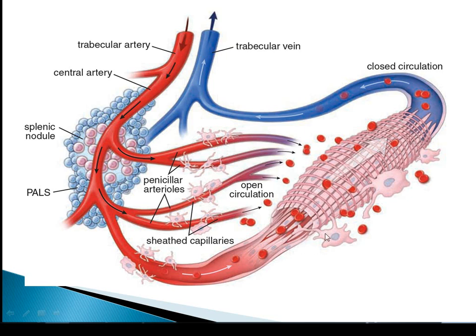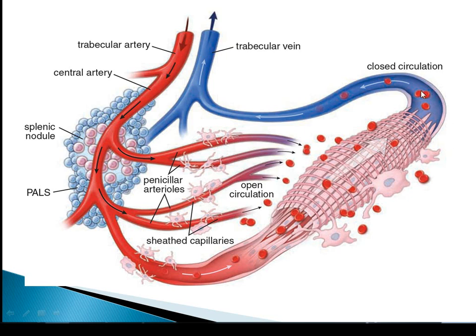It will be closed circulation, or some of them open into the interstitial tissue of the spleen. It will be open circulation. Then the blood will be collected into the sinusoids. So in the spleen we have open and we have closed circulations.